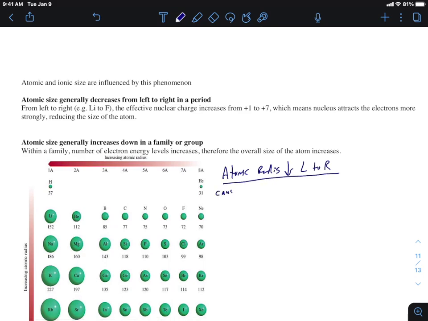Cause: the effective nuclear charge increases, so electrons are more strongly attracted, thus smaller atoms.